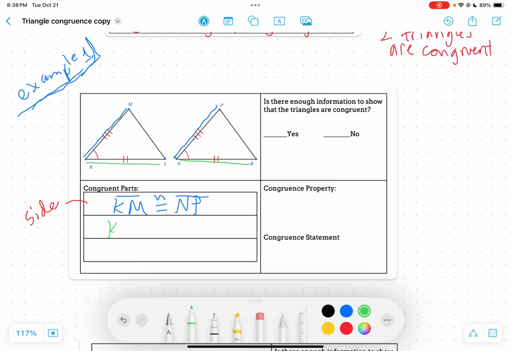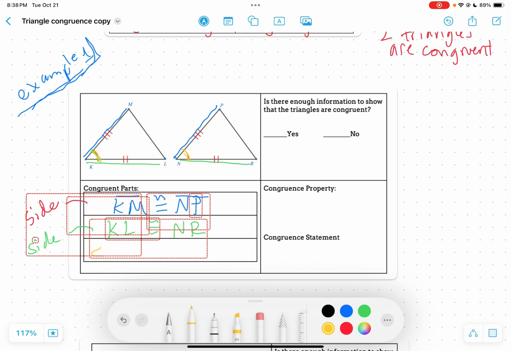So I also have KL is also congruent to NR. That's another side. And then this last little mark right in here tells me that I have an angle. I think it's a good habit to just use 3 letters to label the angle. So, angle MKL is congruent to angle PNR.